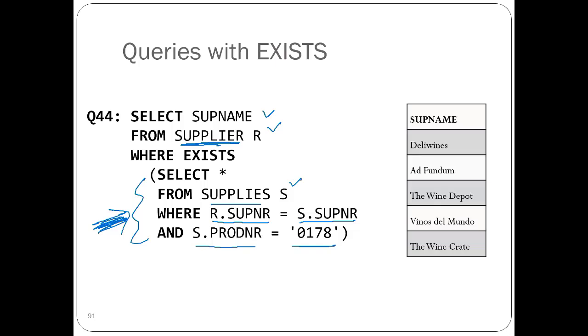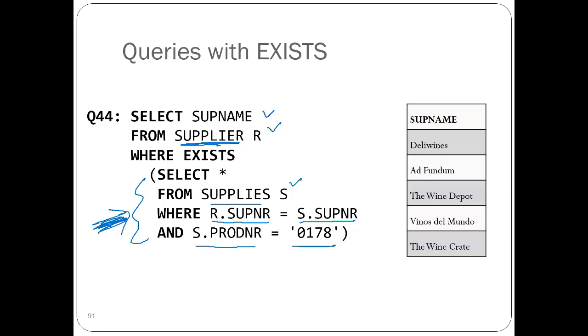So if 37 is a supplier who has supplied other products, not 0178, then the result of this inner select star will be an empty set. If that is an empty set, then where exists on an empty set results in false, and therefore supplier 37 will not be listed. Whereas if 37 had supplied 0178, then this will return true and we will list that supplier. Good?